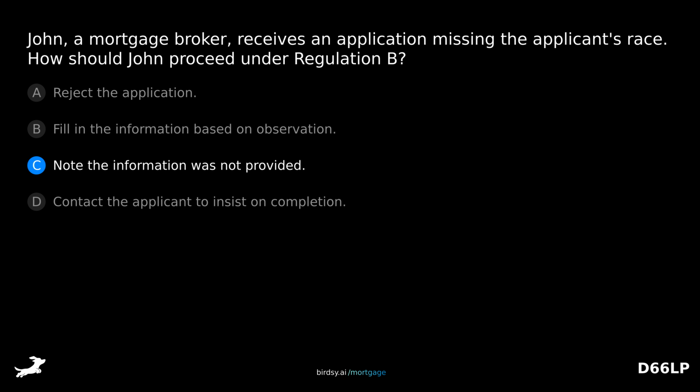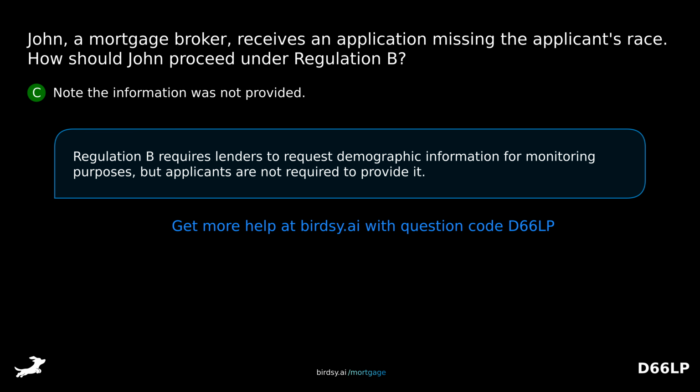C, note the information was not provided? Or D, contact the applicant to insist on completion? The answer is C, note the information was not provided. Regulation B requires lenders to request demographic information for monitoring purposes, but applicants are not required to provide it.